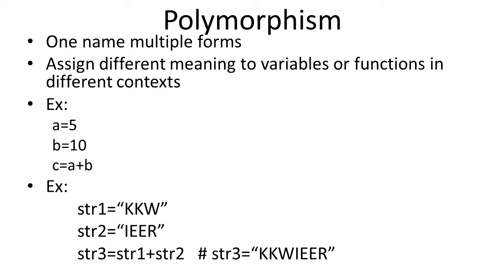As you may be aware, the plus operator here refers to concatenation of the two strings. So str3 will be string 1 followed by string 2. Here you can note that the plus operator, when used with integer values, performs the operation of addition, but when used with string parameters, it performs the operation of concatenation. This is very interesting. This type of operation is called polymorphism.